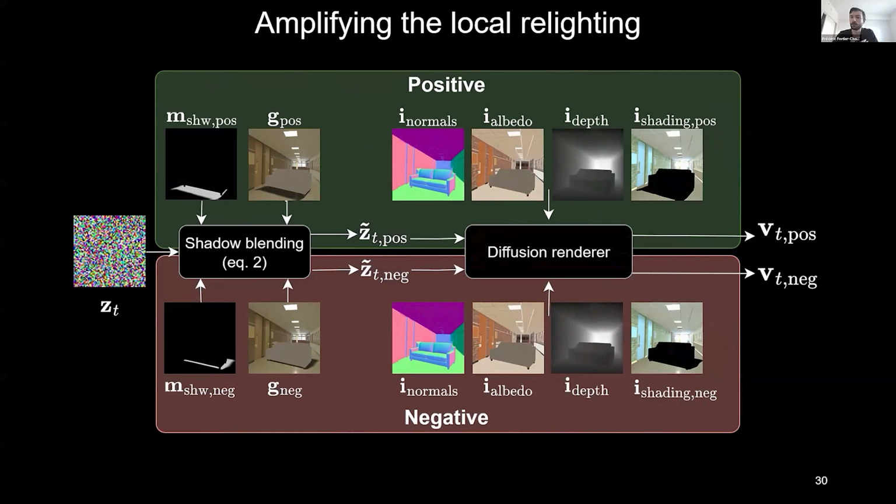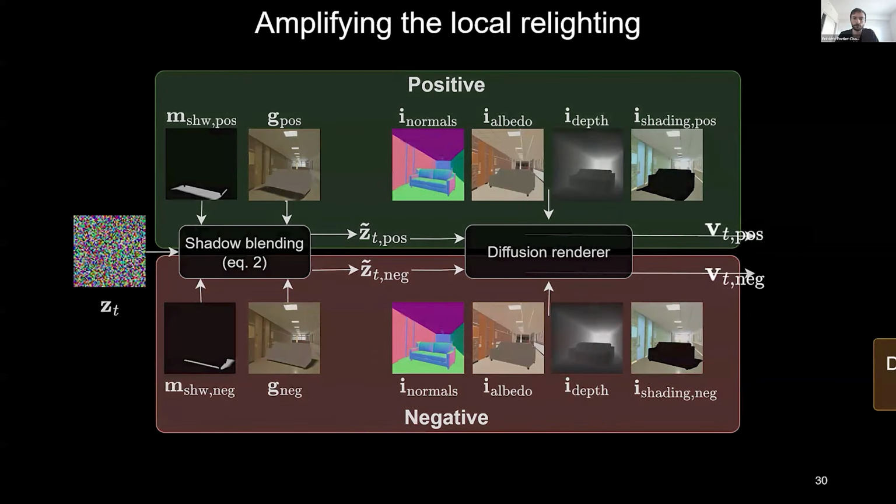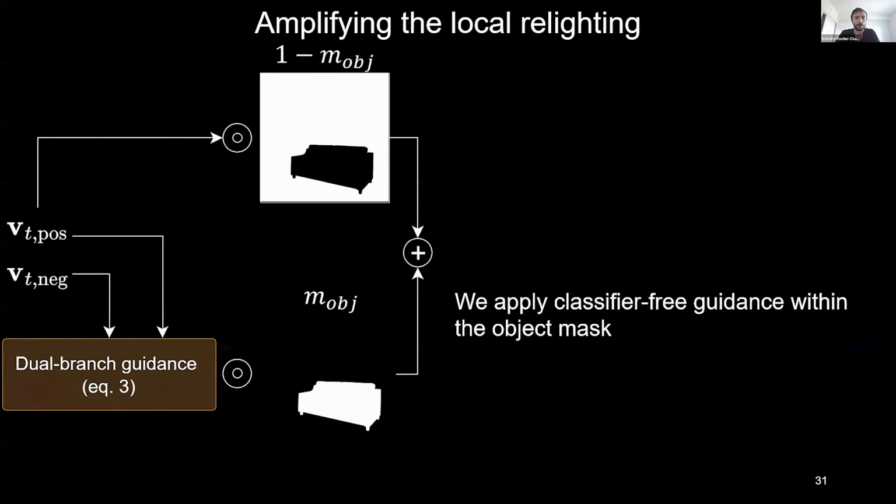And then we're going to do something a little bit like classifier-free guidance, if you're familiar with it. So we take a vector from the negative to the positive vector, and we're going to amplify it by a factor of gamma.